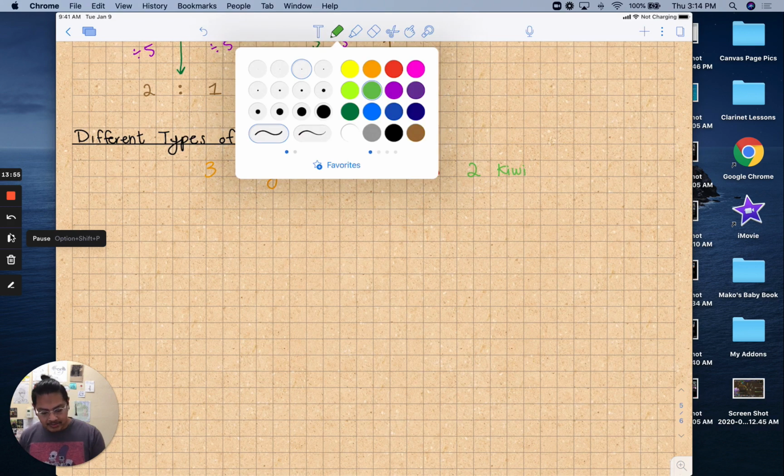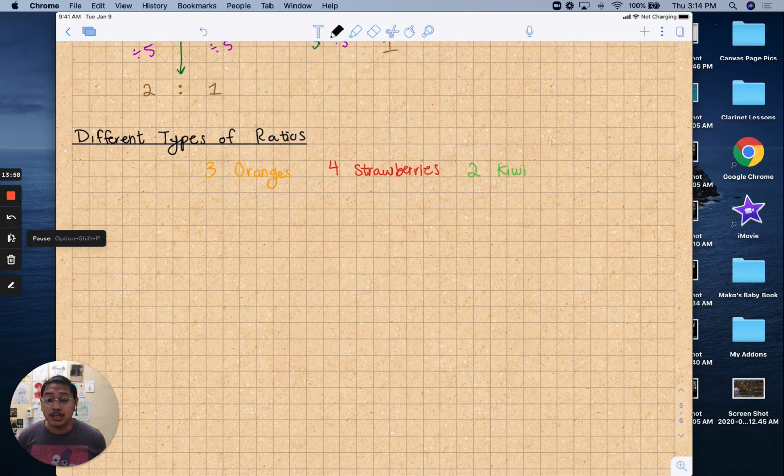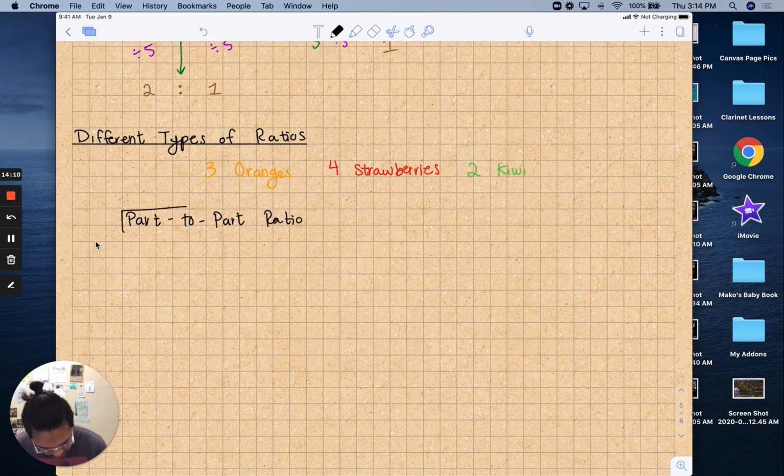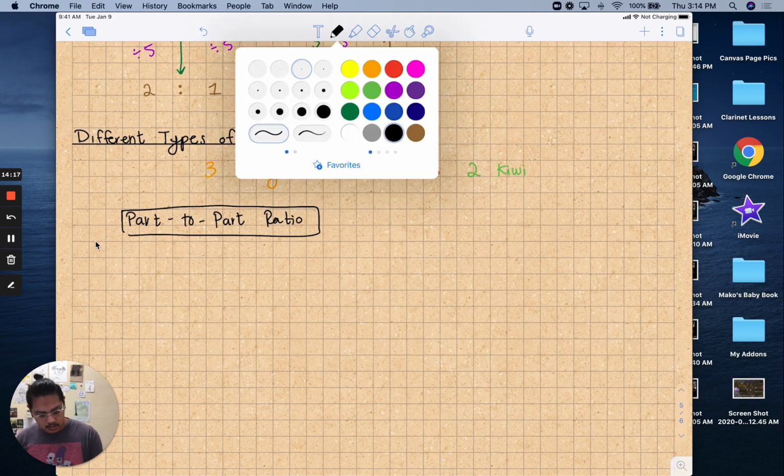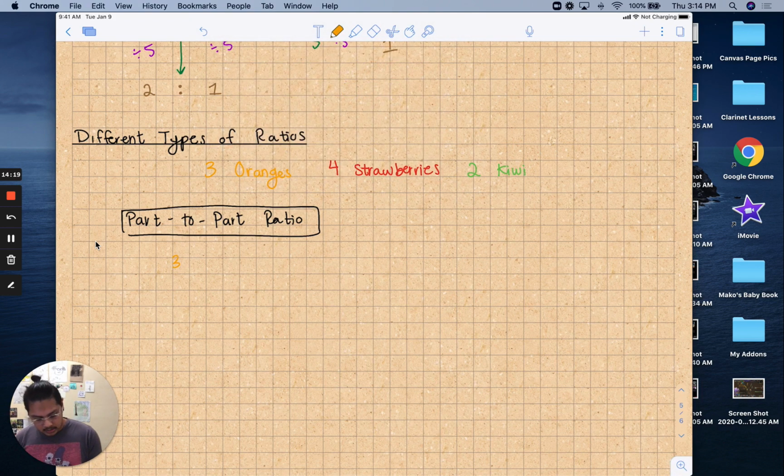The first type of ratio that we've actually been talking about this whole time is what we call a part-to-part ratio. So for example, I could write the ratio of oranges to strawberries.